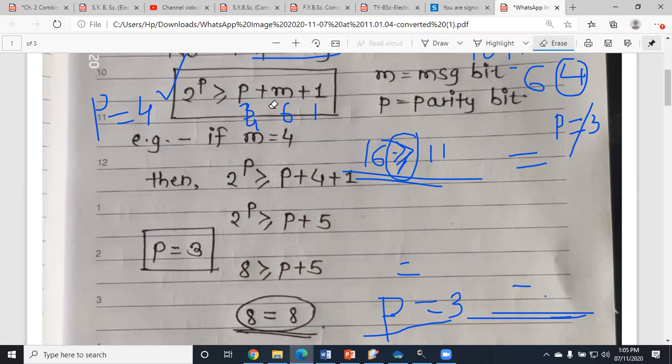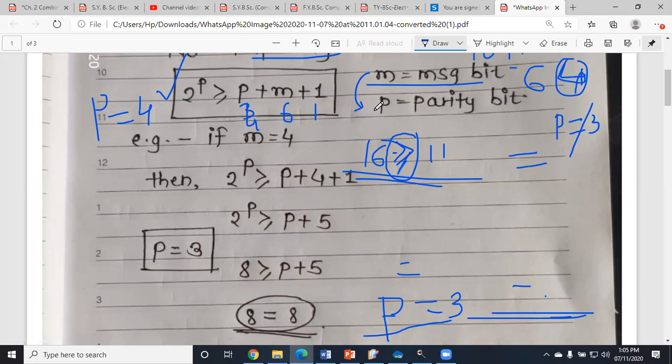Yes, sir. See, information is given to you. It's just that a message signal is provided to you. How many message bits are there in the given signal? It is just the information which is given to you, right? Consider an example. We just saw the example of a 4-bit message signal. In that 4-bit message, how many parity bits are we going to add? This is the question.